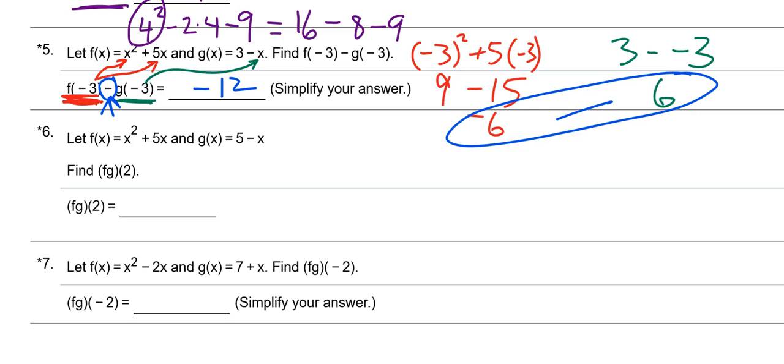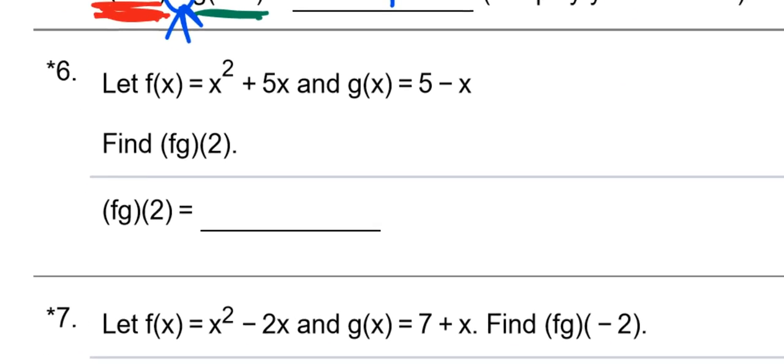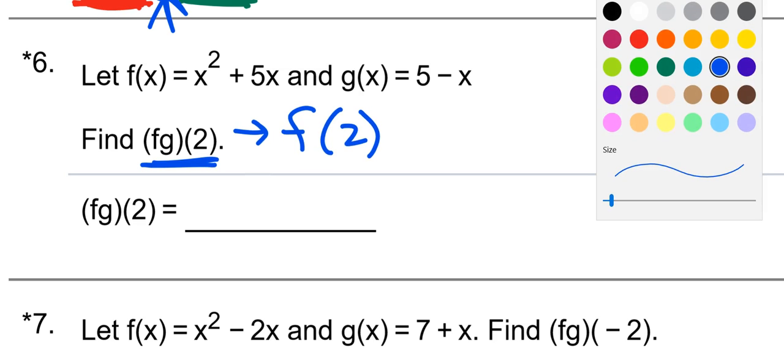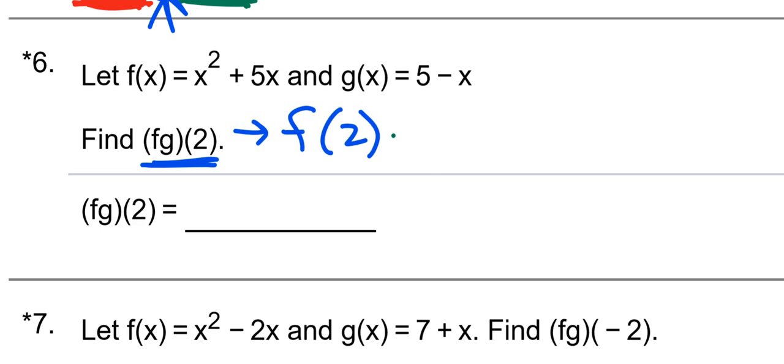Okay. Question 6. Tell me what I'm supposed to do. We're not doing addition and we're not doing subtraction. What are we doing? We're doing multiplication, exactly. Now, I want you to write it this way: f of 2 times g of 2.